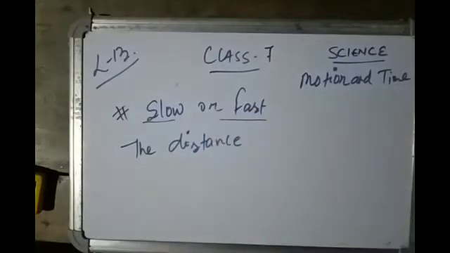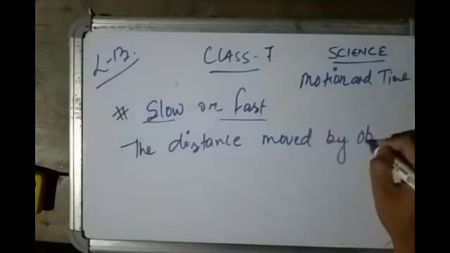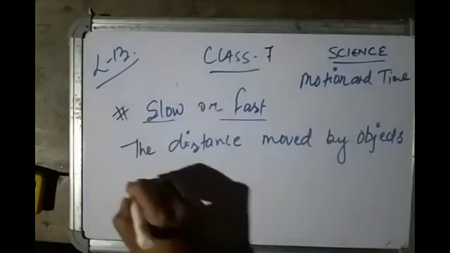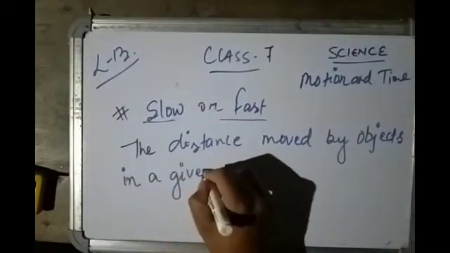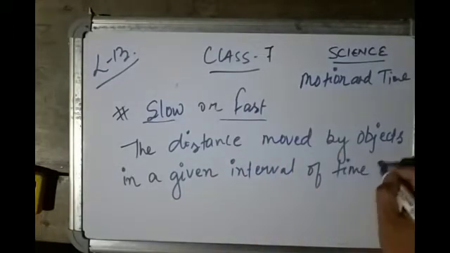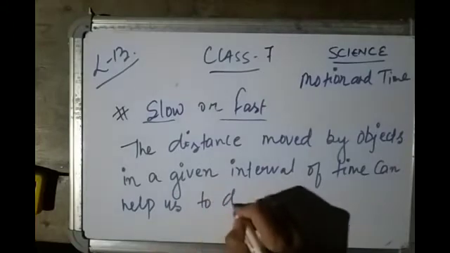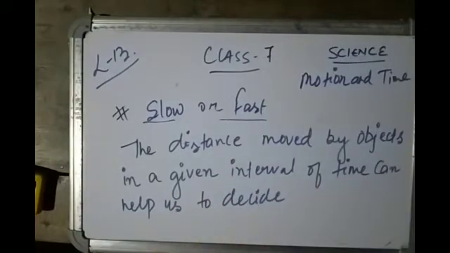In general, the distance moved by an object in a given interval of time can help us to decide which one is moving faster or which one is moving slow.